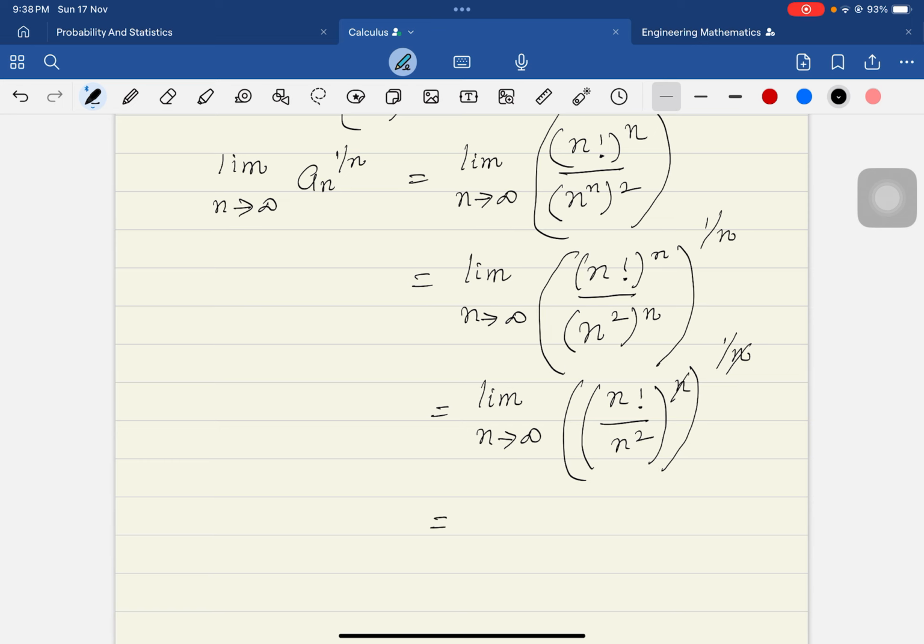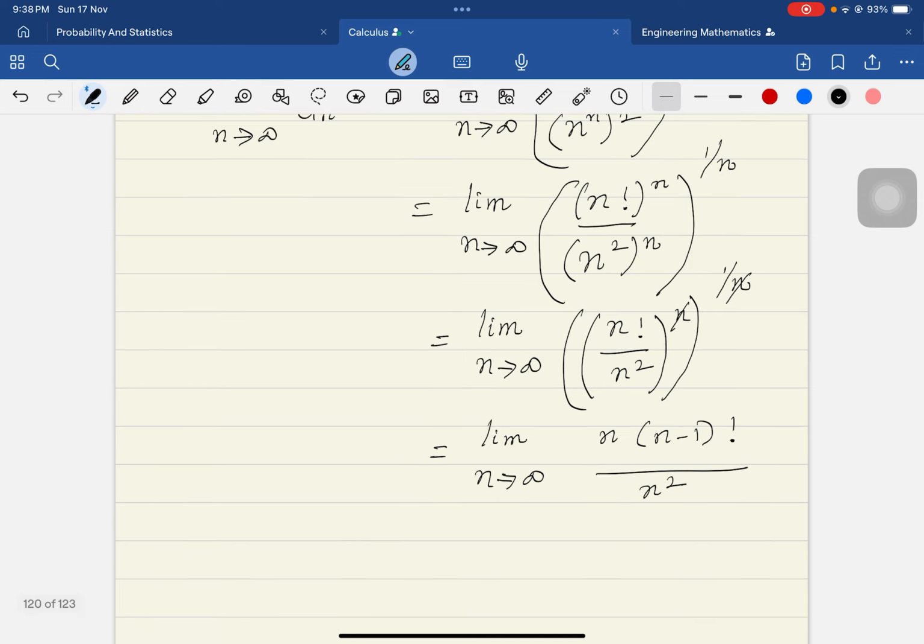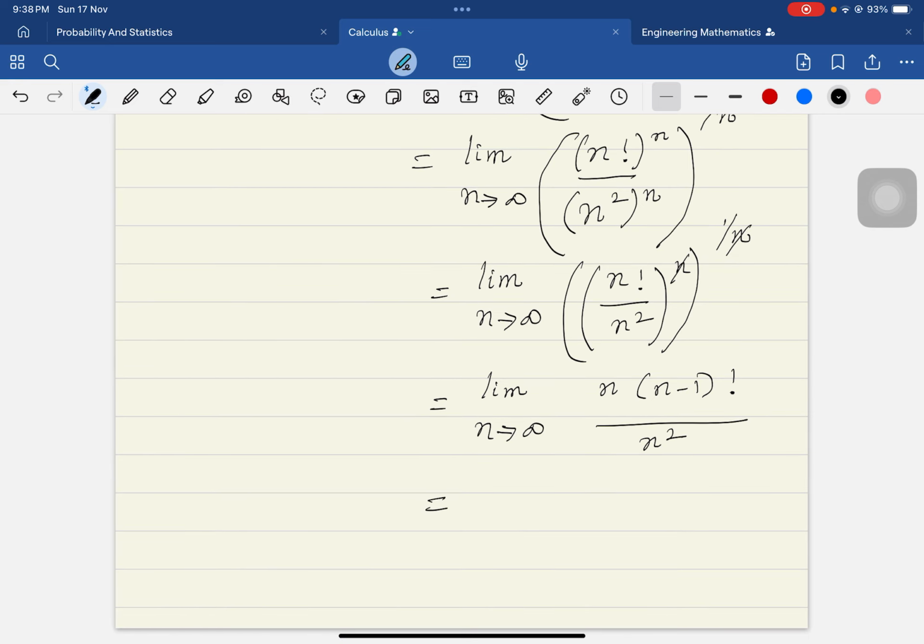Now we have to find the limit as n tends to infinity. n factorial can be written as n into (n minus 1) the whole factorial, divided by n square. So now it gives you the limit as n tends to infinity of (n minus 1) factorial by n.